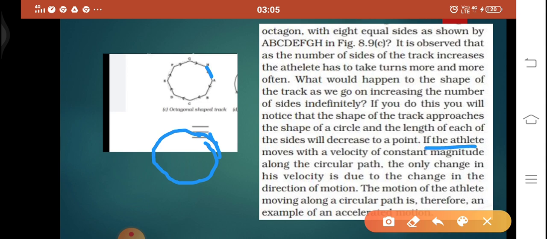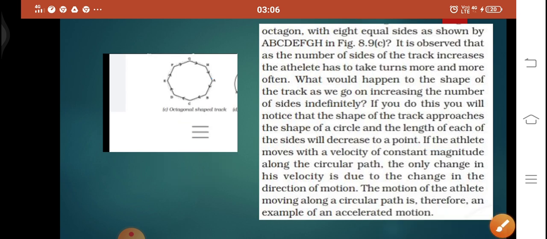If the athlete moves with constant velocity, what is he changing? Only the direction is changing, so the speed is not changing. The motion of an athlete along a circular path is therefore an example of accelerated motion.